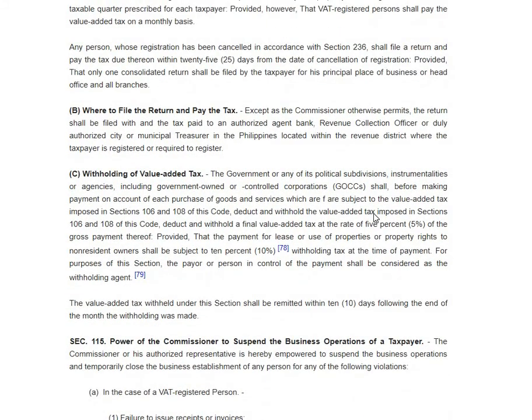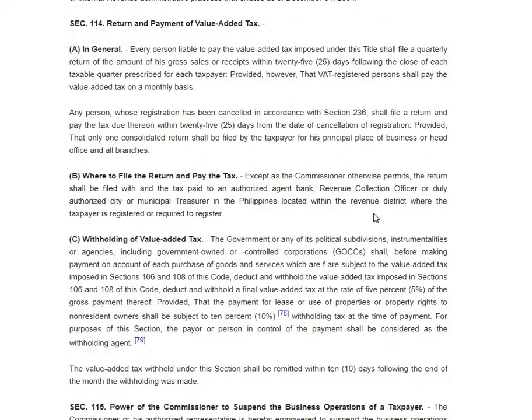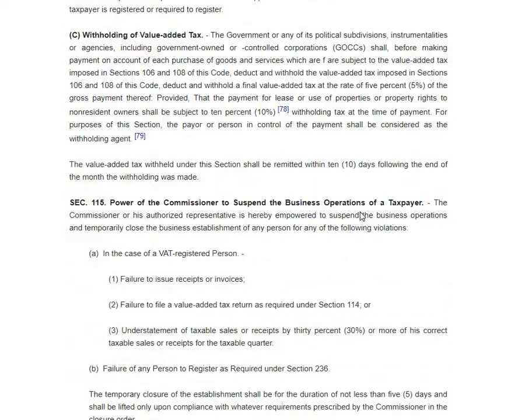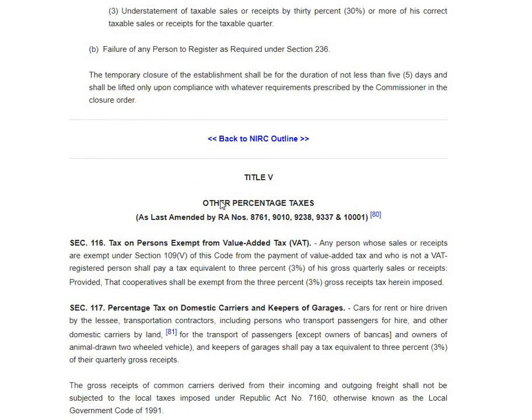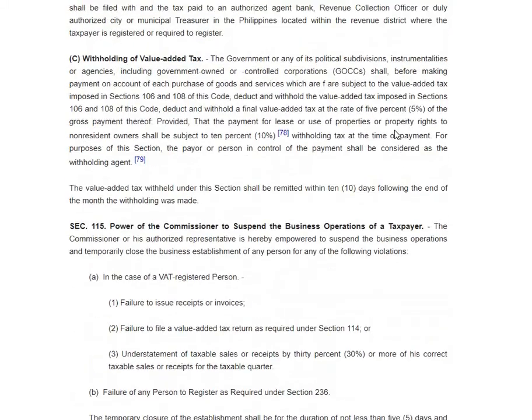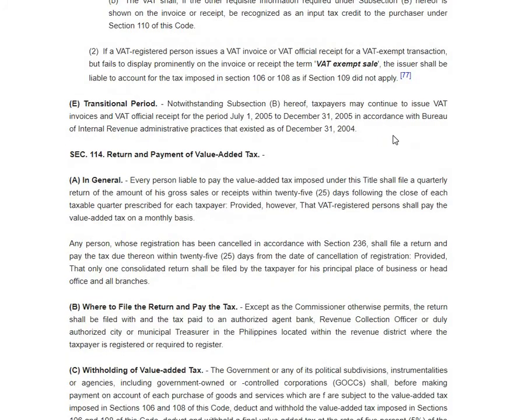And okay, so I hope you at least have a good grasp of how the VAT system works. You just remember that if you're not a VAT registered person, then obviously you'd be covered by other percentage tax provision. There is no escaping taxation class. And this one, you can claim for all the taxes because you remember the allowable deductions.